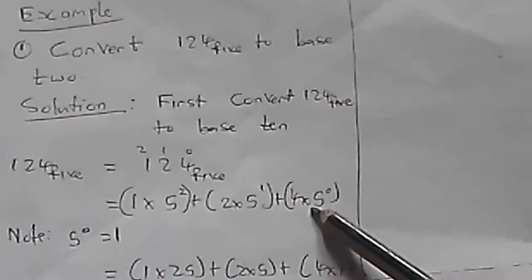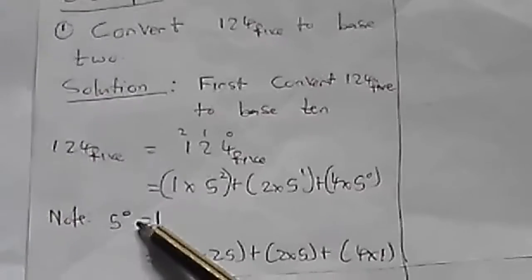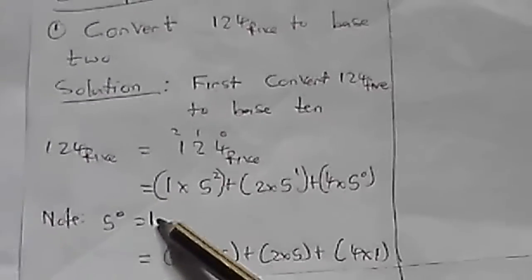Now we have 4. 4 times our base, which is 5. Then what is on top of the 4, which is 0. That is your 5 raised to the power 0. Then close bracket. Then remember that 5 raised to the power 0 is 1.